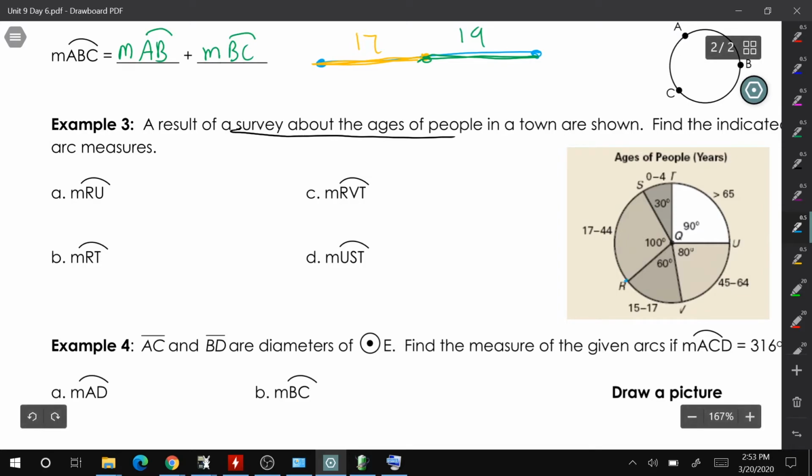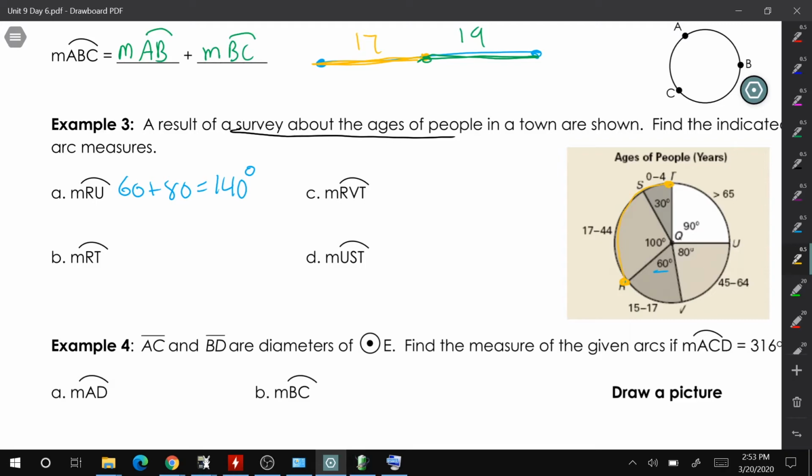So RU goes from R to U. So we want to add up these two central angles, 60 plus 80, which is 140 degrees. And then arc RT will start from here and go to T, and that's going to be 100 plus 30.